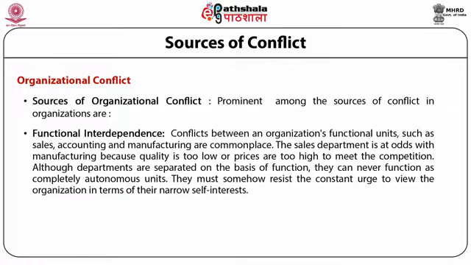Although departments are separated on the basis of function, they can never function as completely autonomous units. They must somehow resist the constant urge to view the organization in terms of their narrow self-interests.